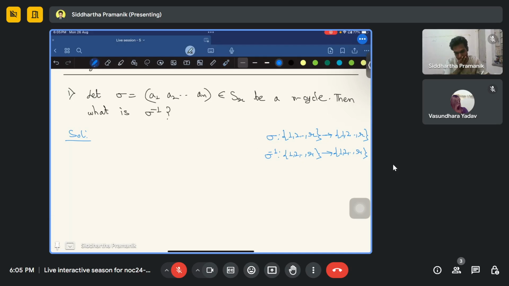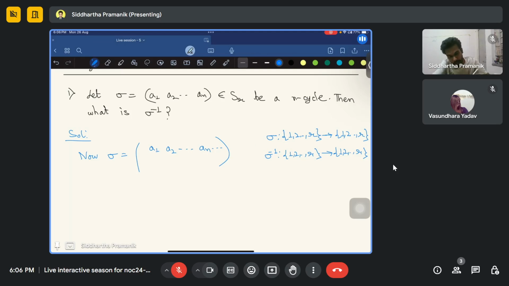Okay, so let me write sigma in the matrix notation. Let's say a1, a2 up to an, because all other indices are fixed by sigma.